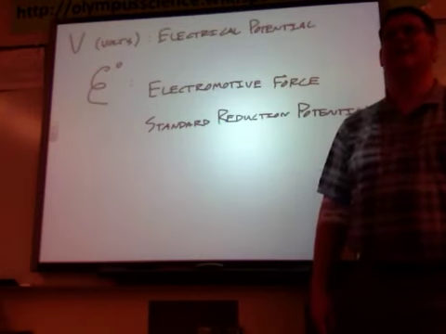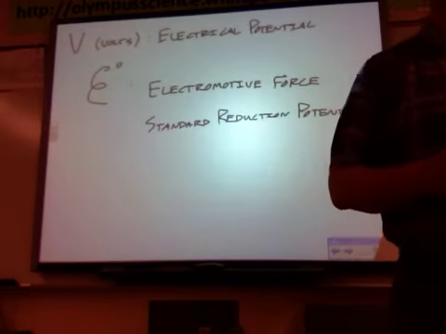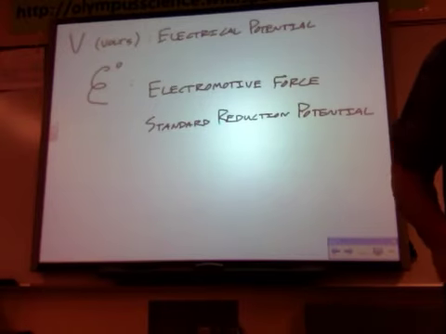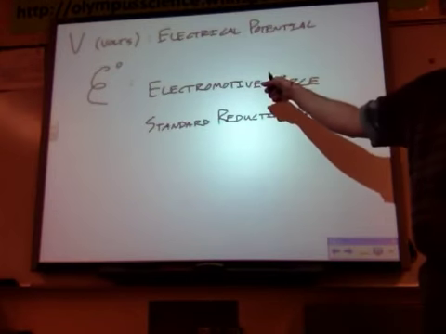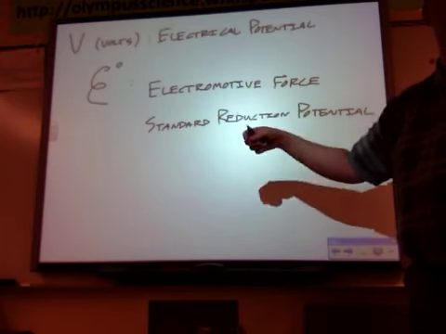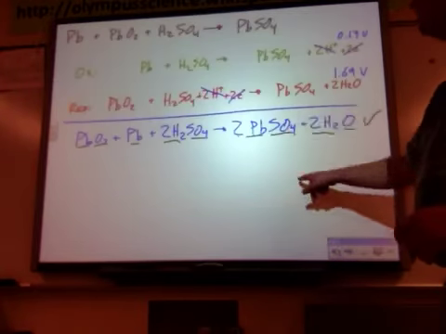Okay? So what that means is, if you can identify what's going on in a redox reaction, and you have a table like this that you can look on, you can determine the voltage that that thing can generate. Now, we have to take into account one other thing. Let's step back for a second to what we're talking about here.